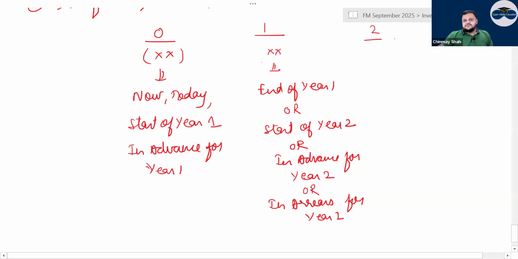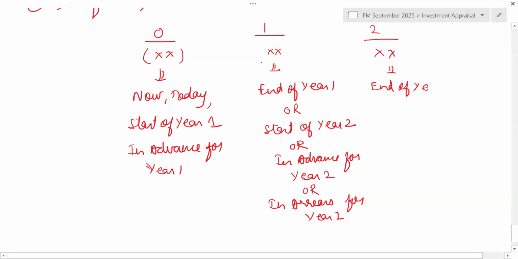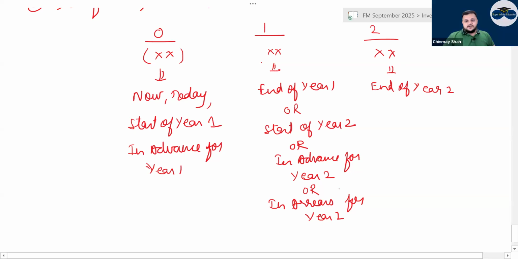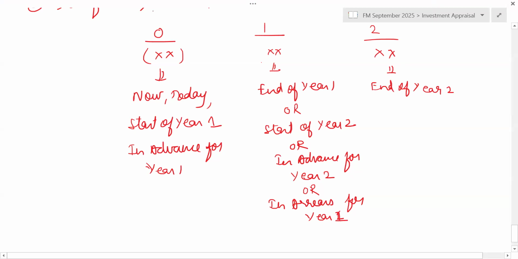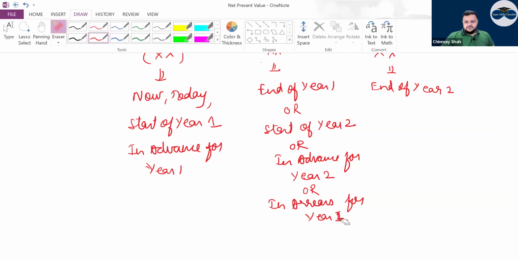Now can I say second year? End of year 2. In arrears for year 1 or 2, what is written? In arrears for year 1. I'll write it properly.